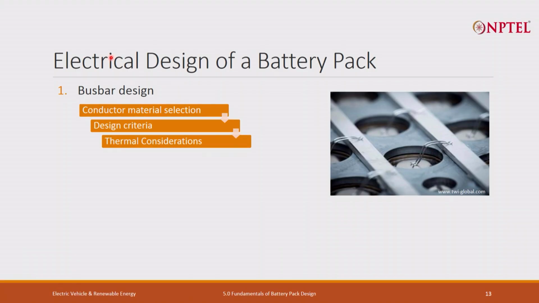Thermal consideration: every material's resistivity changes with temperature, and it also has a limit at which temperature it can function best. Then it has the safety limit, beyond which something can go wrong. All those things need to be taken care of during thermal consideration.